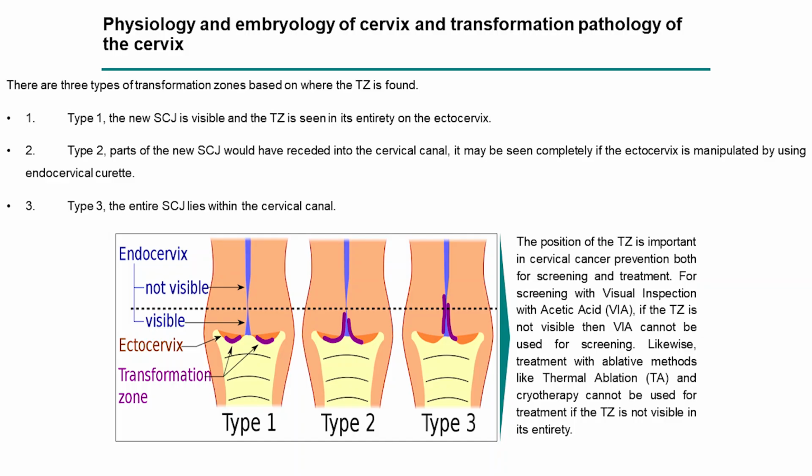This columnar epithelium cannot withstand the acidic changes of the vagina, so it becomes replaced by a new epithelium that can withstand the acidic environment. This leads to the formation of a new squamous-columnar junction. Now, the tissue between this new squamous-columnar junction and the old one is called the transformation zone. That's where the majority of cervical cancer develops from.